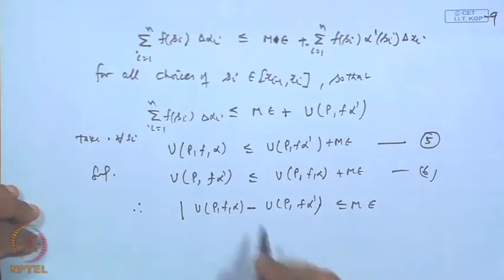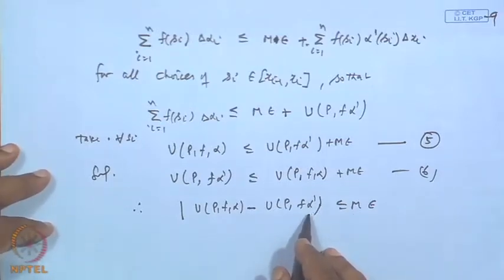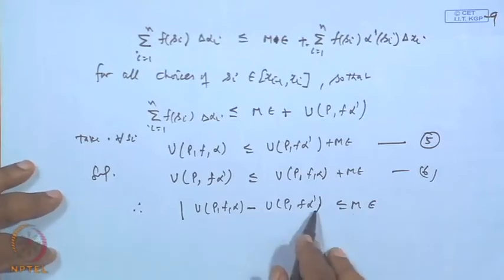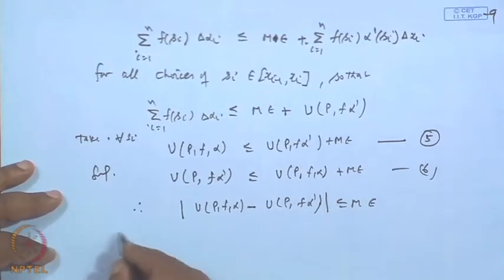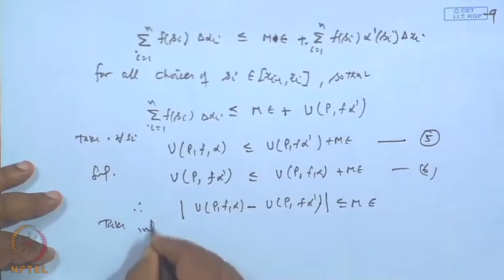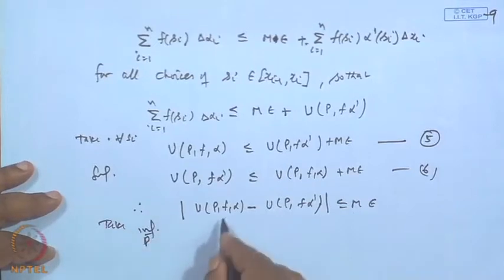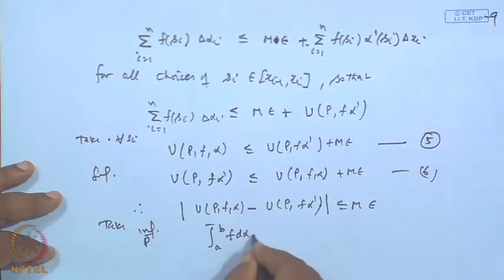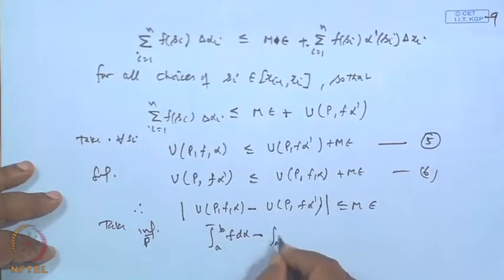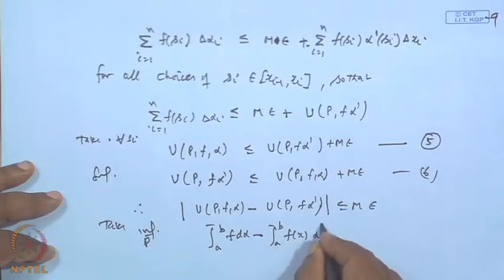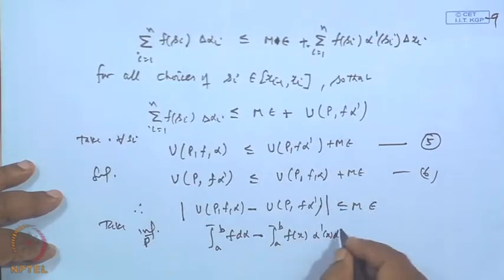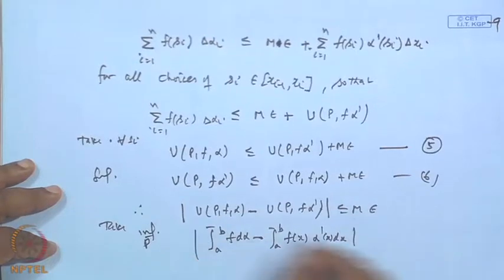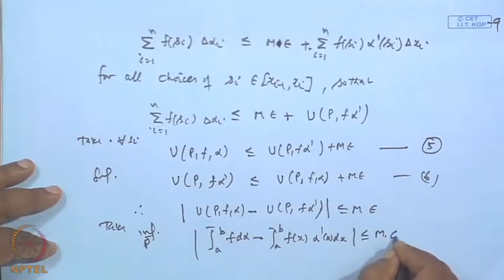Now, if we take this as 2, what do you get? Take the infimum of this, take the infimum over all the partitions P. So, this will lead to the upper integral from a to b of f d alpha, minus the upper integral from a to b of f(x) alpha dash(x) dx, and this entire thing is less than or equal to m epsilon.